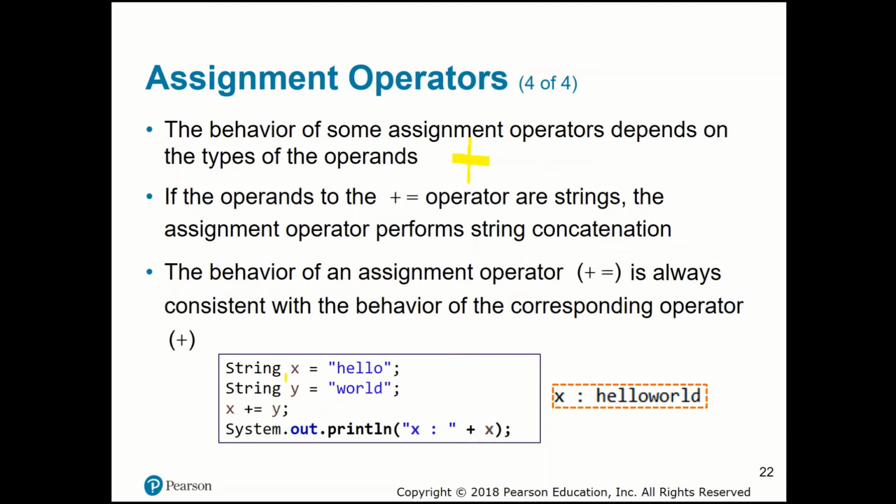So for example, if x is the string hello and y is the string world, if we do this, this means that string x and string y should be concatenated, and then the new concatenated string is stored in x. So when you print out x, hello world is printed out.